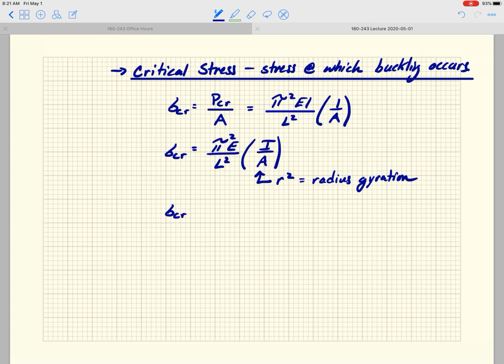So if I substitute that in, I'm going to get pi squared times E divided by L over R, squared, right? So the R is now underneath the L, and we defined that earlier as the slenderness ratio.